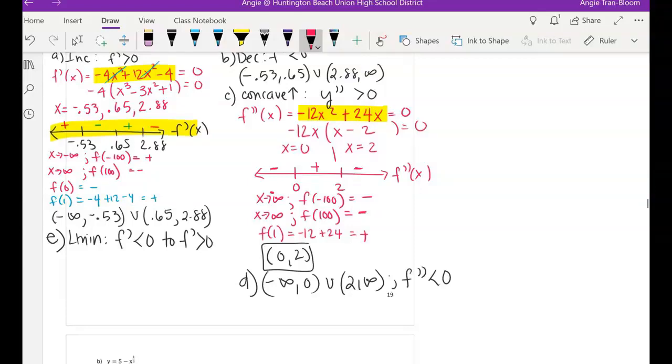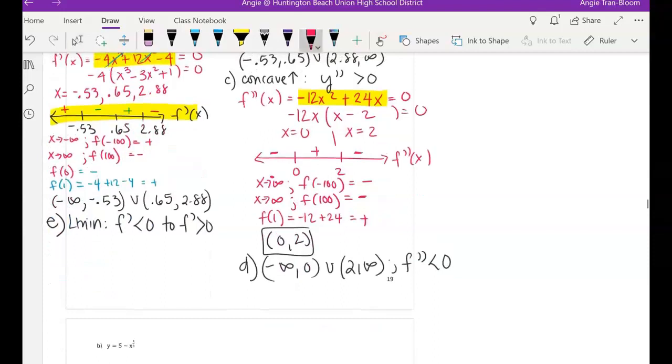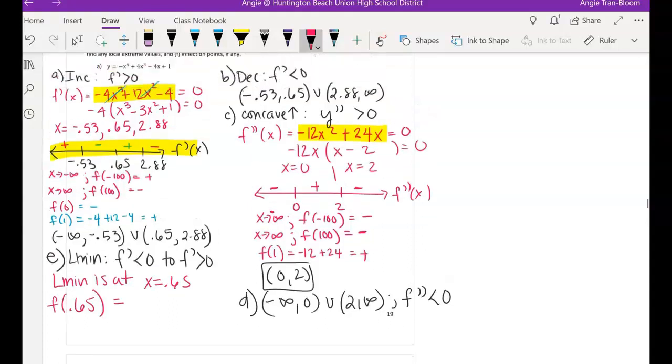So for local min, I need to plug 0.65 into the original function. Let me see, does it say values? Yeah, so that means I need to plug it in. Local min is at x equals 0.65. Then I need to plug in f of 0.65, let me use my calculator, so hold on tight. You should do the same thing to make sure that we're doing the same, check my math.